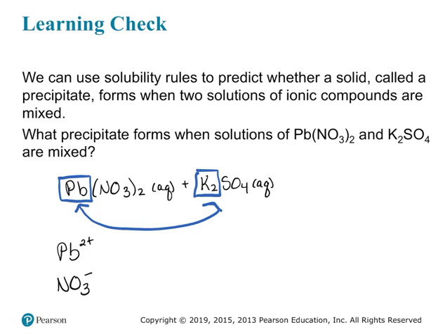And then what about potassium and sulfate? What is the charge on a potassium ion? Remember, potassium is in group 1A, and that means its charge will always be +1. And then what about sulfate?